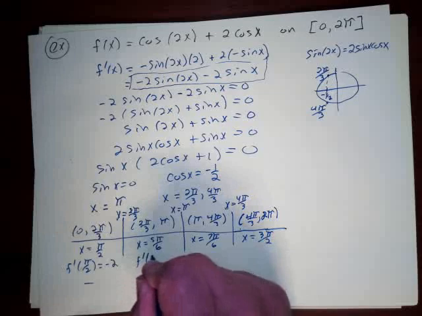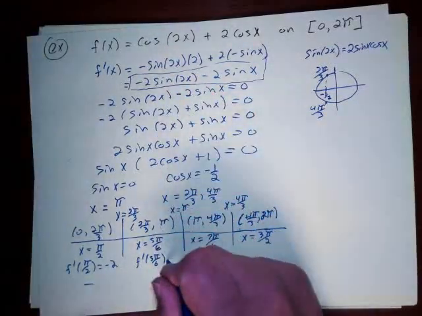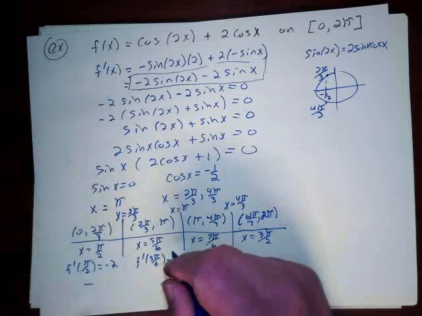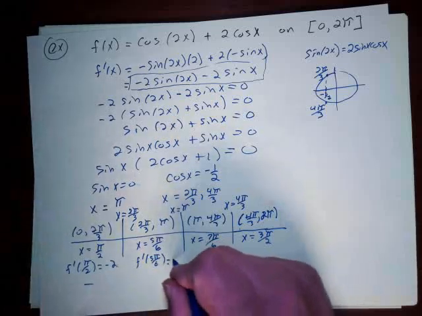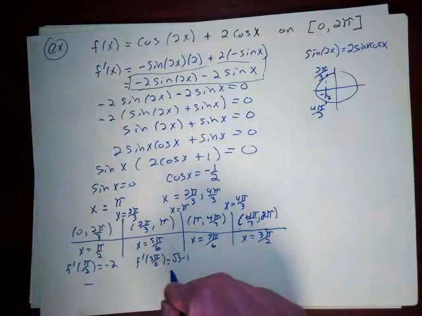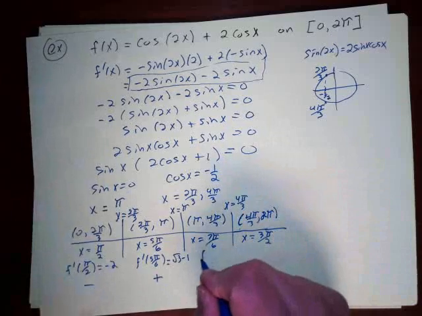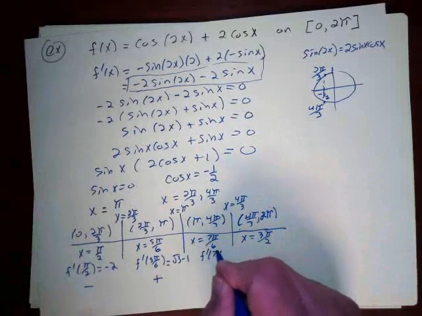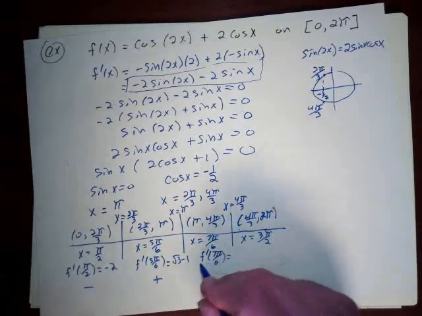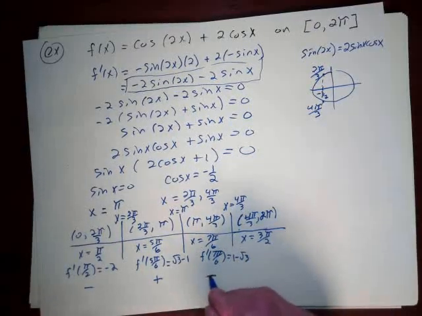So when I put in 5 pi over 6 into here, the exact answer was actually square root of 3 minus 1. And square root of 3 is like 1.6 or whatever, so this was positive. Okay? And then when I put in 7 pi over 6, what I got was 1 minus square root of 3. And so this one was negative.